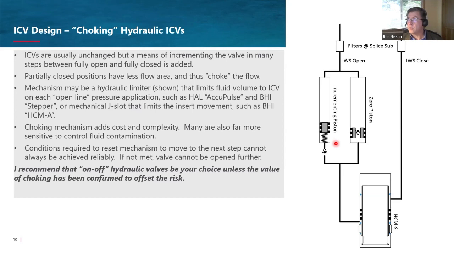And so it's possible to get stuck in a highly choking, production limiting position and be unable to reset the valve beyond that. I've unfortunately had the experience with several clients trying to sort out valves that have got those kinds of problems. And so it's for that reason that my recommendation is that if you're looking at these types of valves, always start with an on-off valve as your first choice.